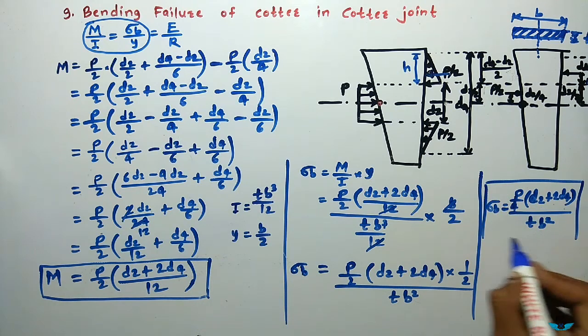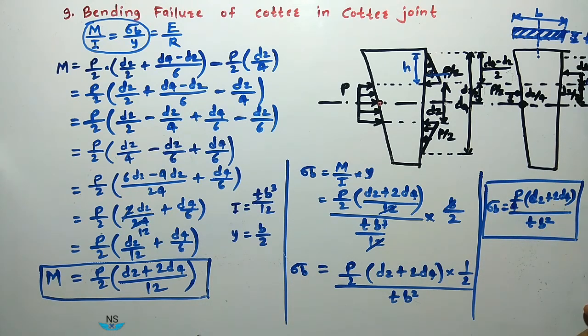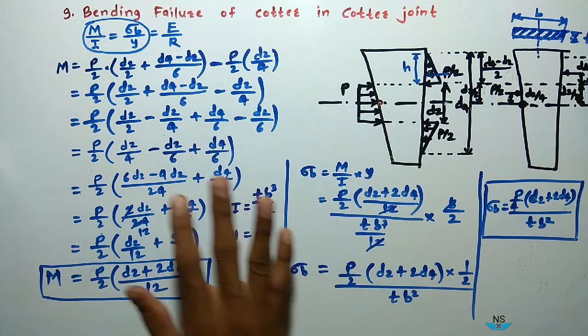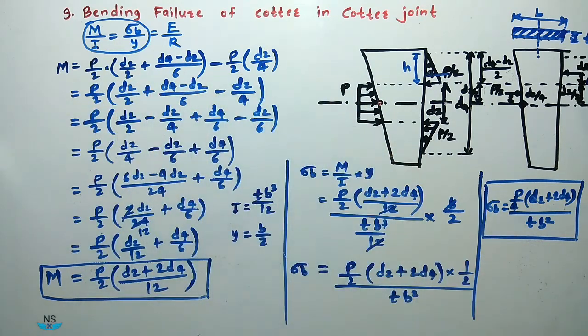This is the 9th strength equation in quarter joint. In the previous video we have seen 8 strength equations. In this video, we have seen this 9th strength equation, that is the bending failure of quarter in quarter joint.